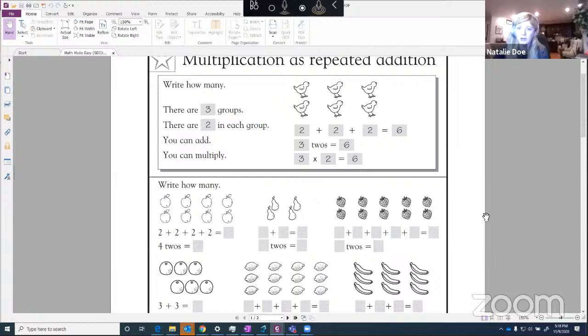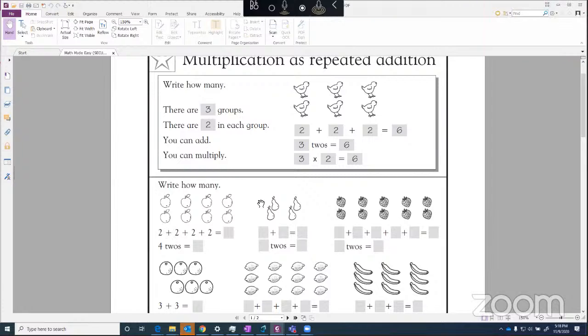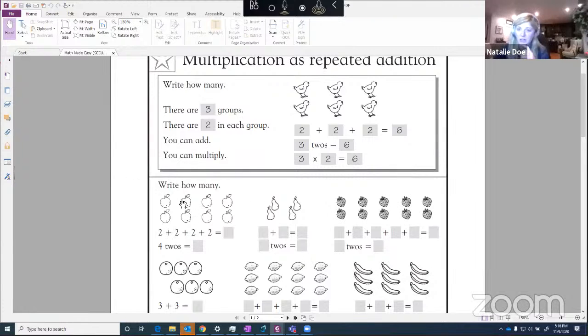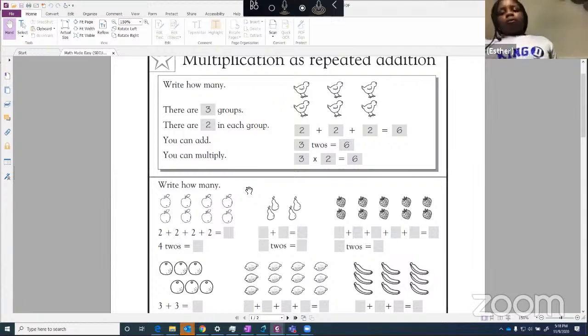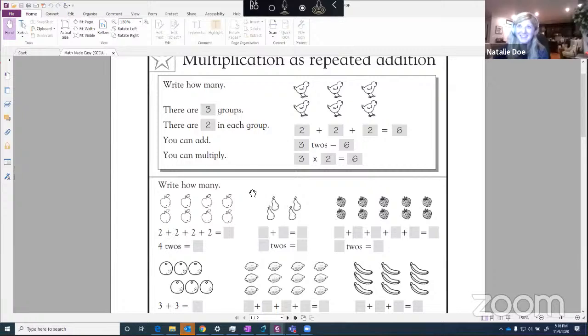All right, are you there, Modi? Okay, cool. Have you seen repeated addition yet? This is multiplication. I do arrays, I do all that. All right, cool.